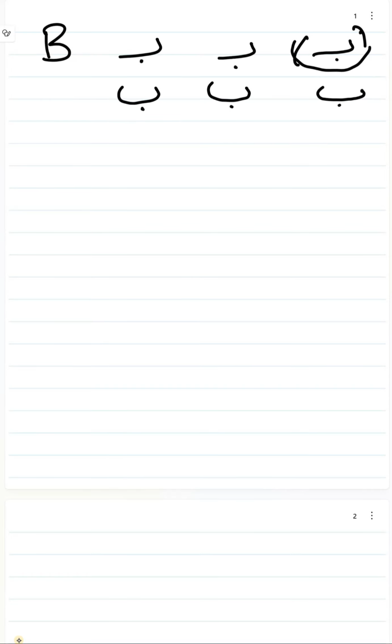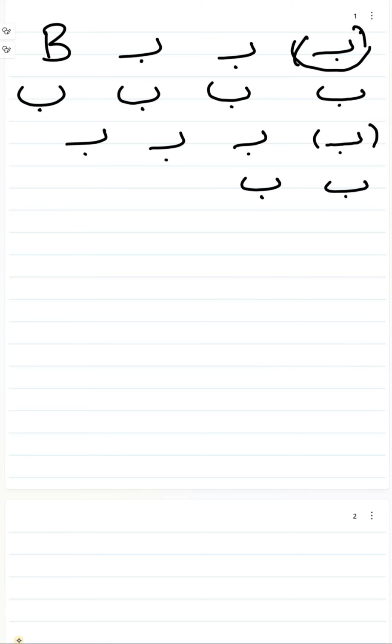So beginning or middle, we will practice with some words in a moment. At the beginning of a word, we write it this way, and this was beginning and middle of a word. If it's at the end of a word, we write it this way. Okay, nice and easy. You just need to practice.